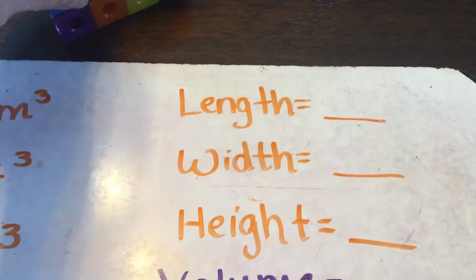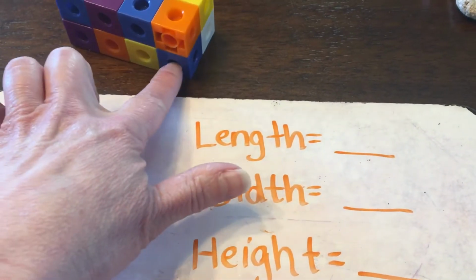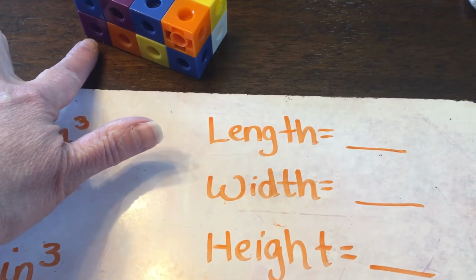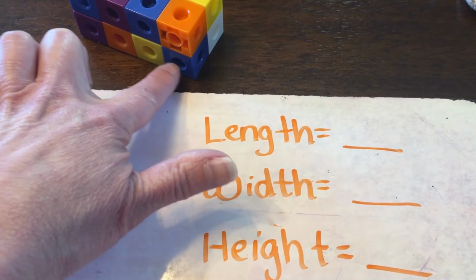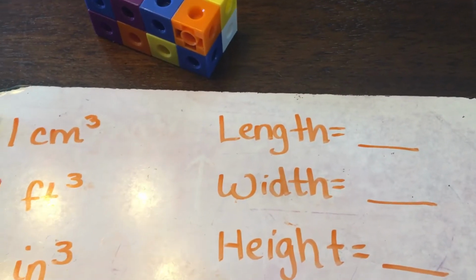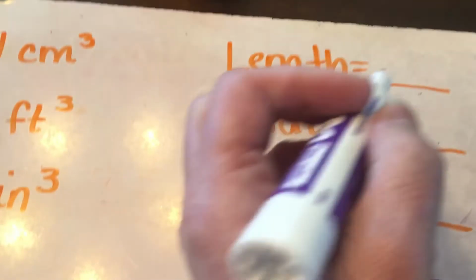If I look at this shape, how we would normally look is at a side. I can see right here that I have 1, 2, 3, 4 cubes going across. So I can see that my length is 4.